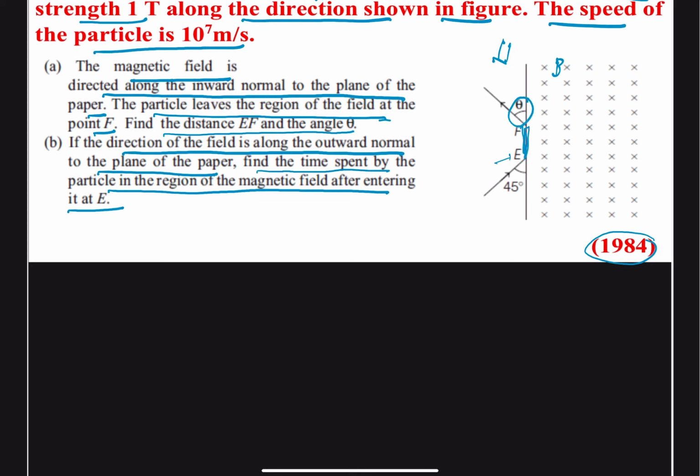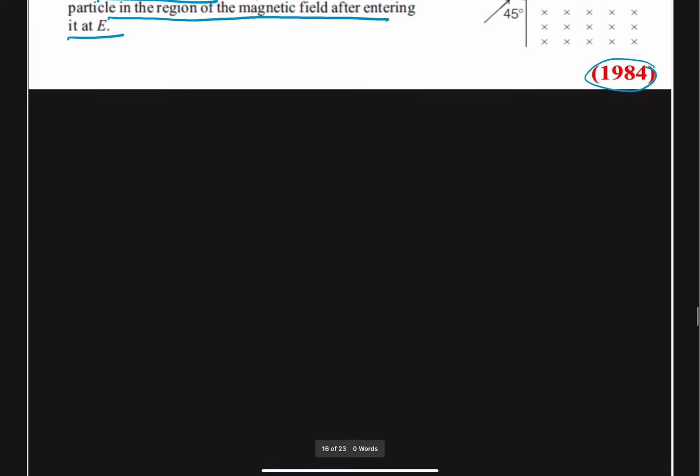And in the second part, the direction of magnetic field is reversed. Now it is coming out of the paper, and we are going to find the time inside the magnetic field. So let us solve for part A, and let us redraw the figure.